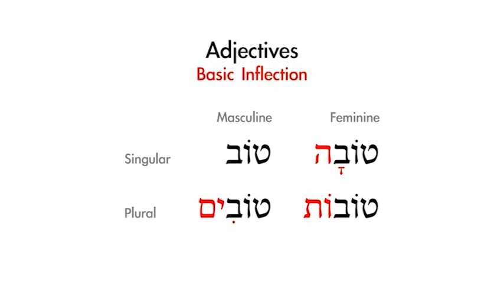Let's begin by looking together at the Hebrew adjective paradigm. The basic inflection of the Hebrew adjective occurs in the categories masculine and feminine, both singular and plural, just like our noun paradigm. We're going to go over these forms together now. The first one is tov, the masculine singular, tovim, the masculine plural, tova, the feminine singular, and tovoth, the feminine plural.